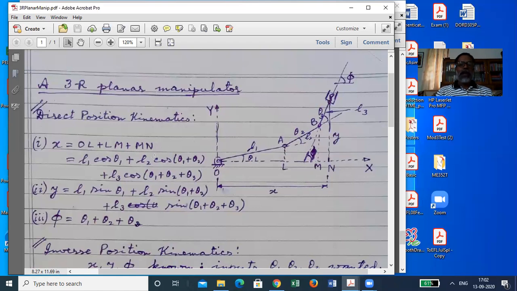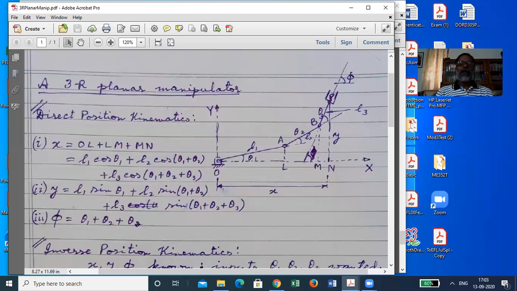So L2 times cos(theta1 plus theta2), and the last one is further inclined. So theta1 plus theta2 is this extension, plus theta3. And make note, theta3 is taken as the angle from the extension of this, not from the horizontal, because then orientation of this will not depend on theta3 only, it will depend on earlier ones also.